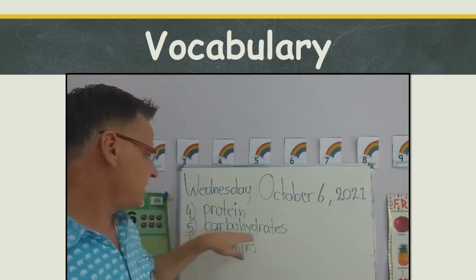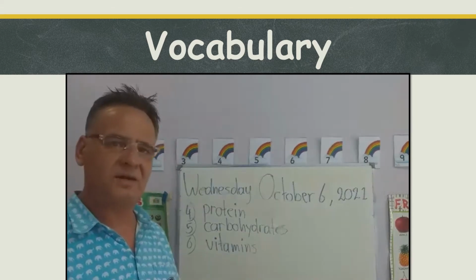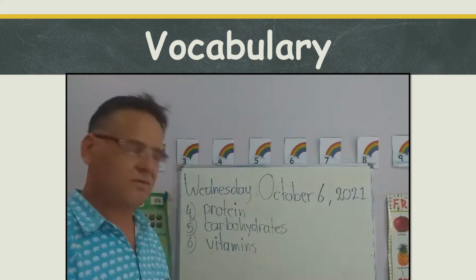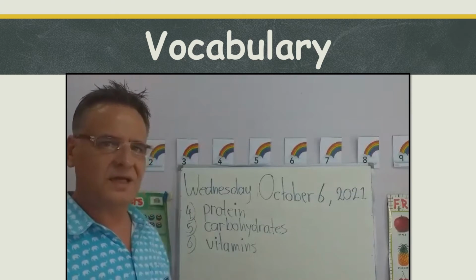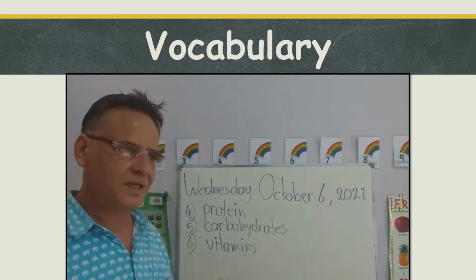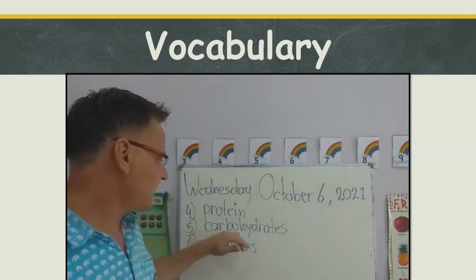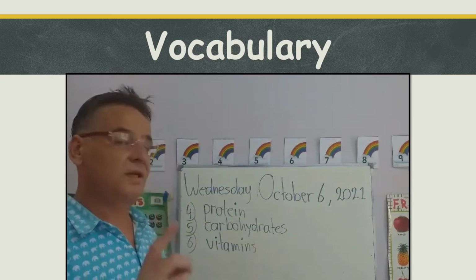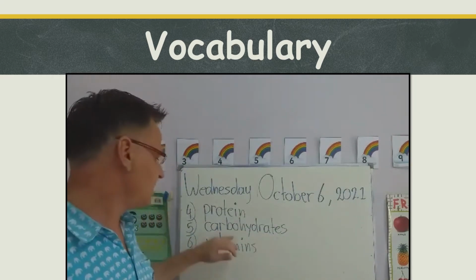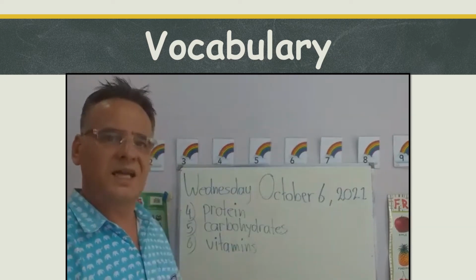Then we have the carbohydrates. Carbohydrates we can find in rice, bread, pasta, stuff like that. Why do we need carbohydrates? Especially children need carbohydrates to get energy.